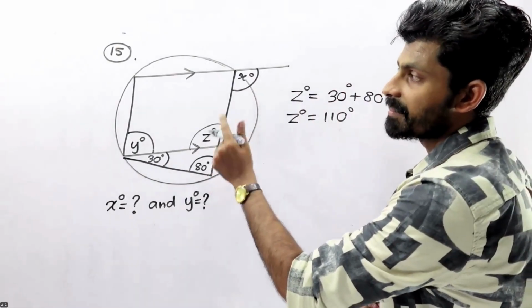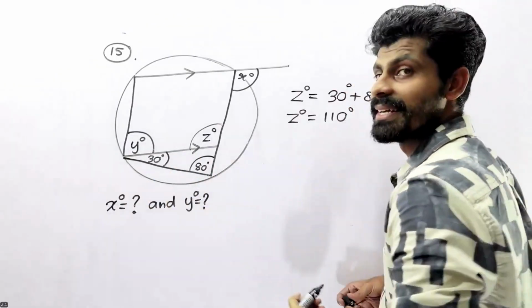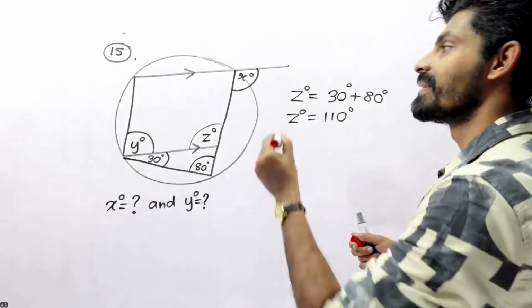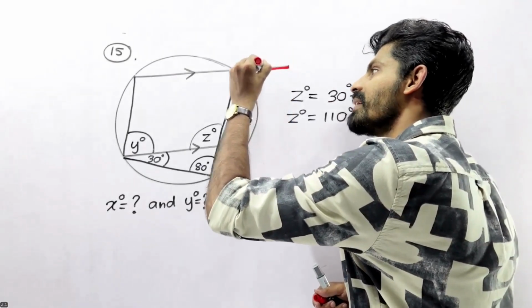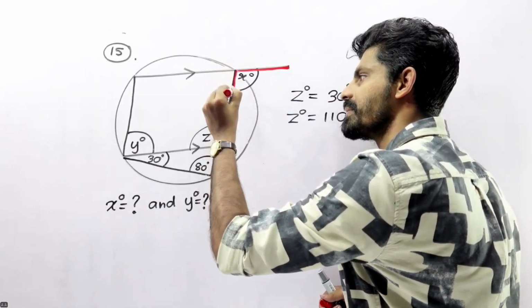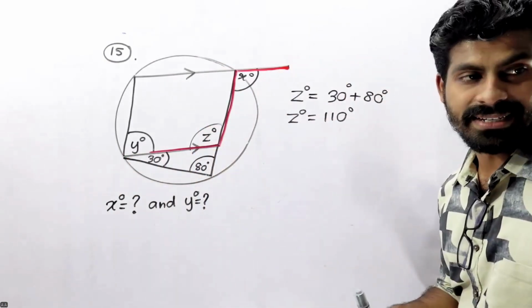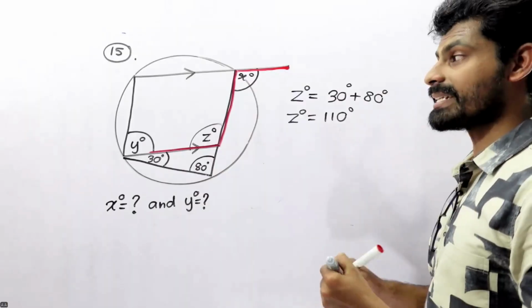Now look at this one. Can you see that? Z: 1, 2, 3, the Z angle. Z means alternate angle.